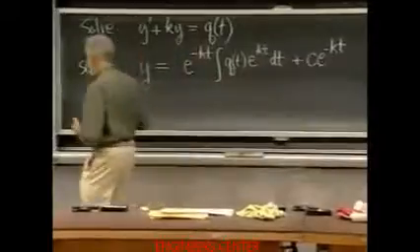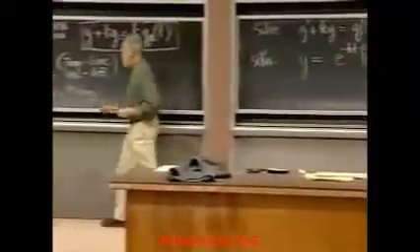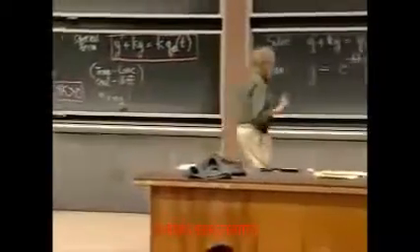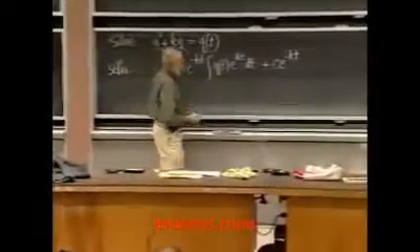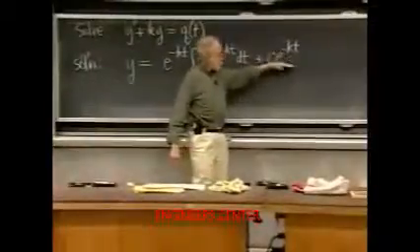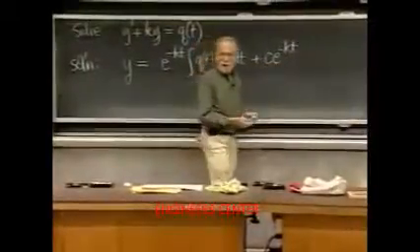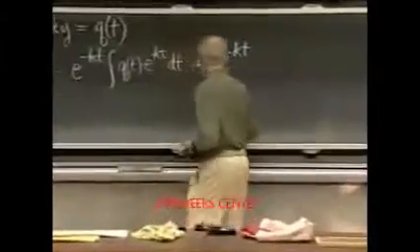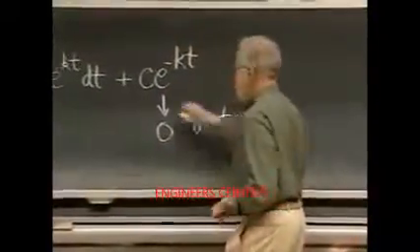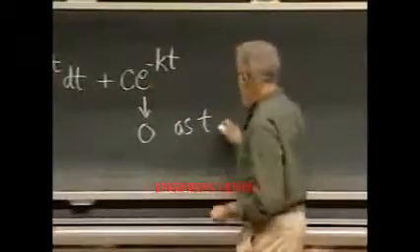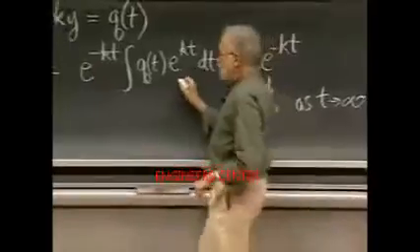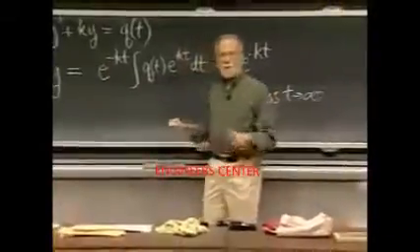Now, if k is positive, which is absolutely essential, only when that is so, then this term, as I told you a week or so ago, goes to 0 as t goes to infinity, and it doesn't matter what c is. This other term stays some sort of function.